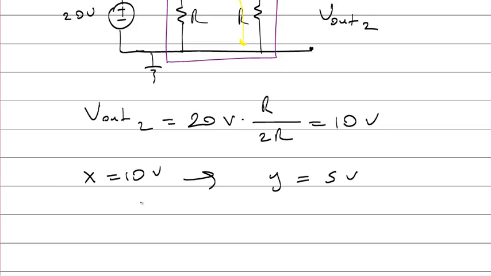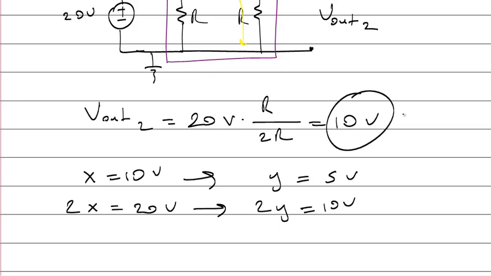If your system is linear, without analyzing that circuit, you can say if you apply alpha times x, where alpha is 2, the output should be 2y. It should be 10 volts. Is it? Yes. Okay.